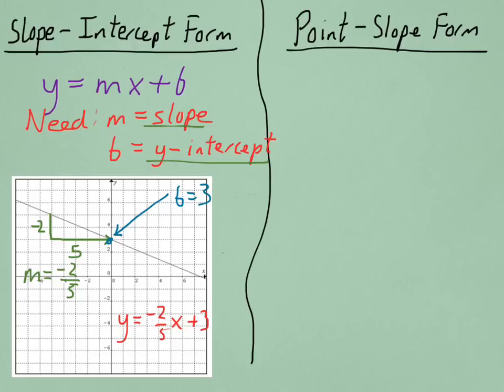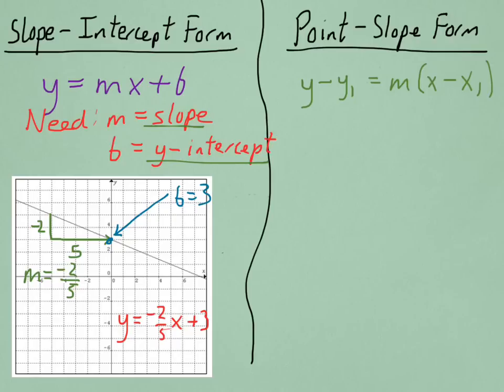Here's what it looks like. y minus y1 equals m times quantity x minus x1. Just like the name says, in order to write an equation of a line in point-slope form, you need a point and a slope.